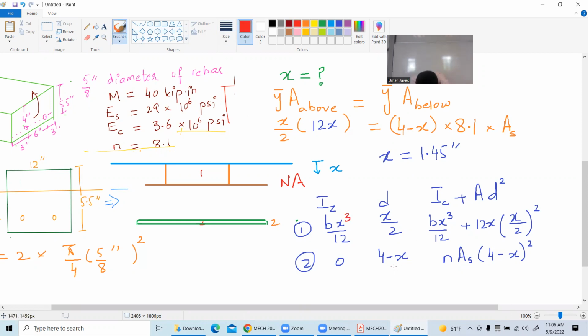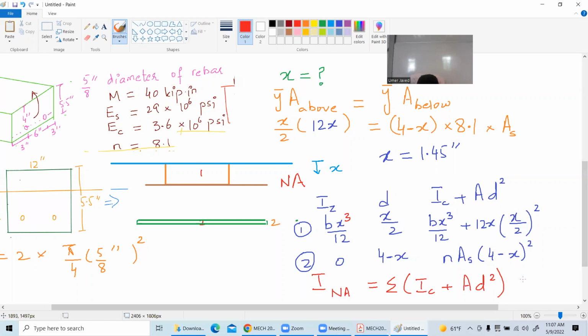Okay. Now give me the moment of inertia about the z-axis, which is about the neutral axis, which is equal to 3.07. Plus AD square? Do it. 12.27.